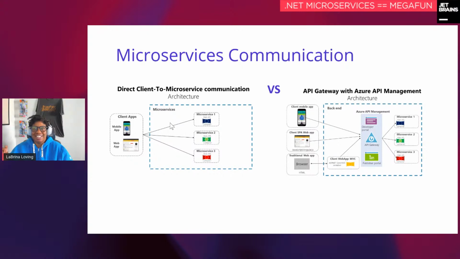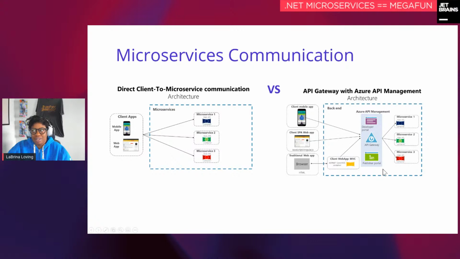One is direct client to microservice communication. Let's say I have my web application in .NET or a mobile app written in Xamarin. I can go from my web application into microservices, directly communicating.